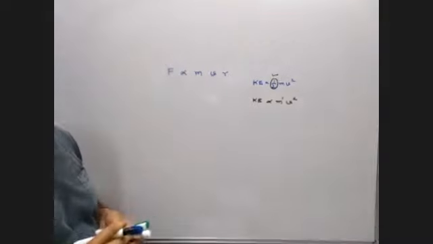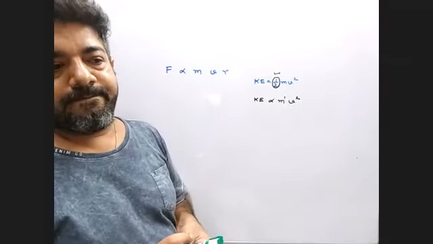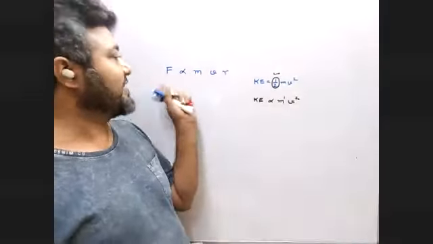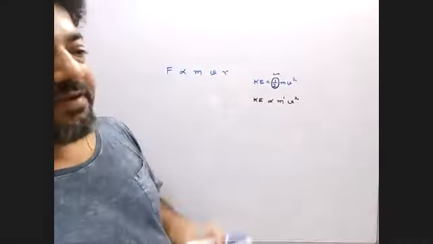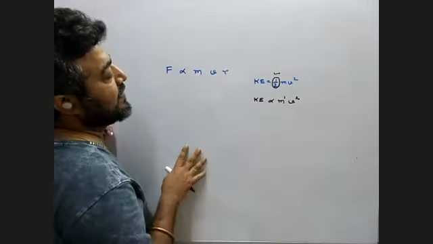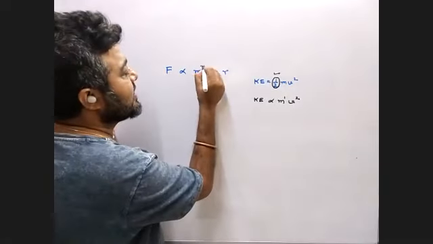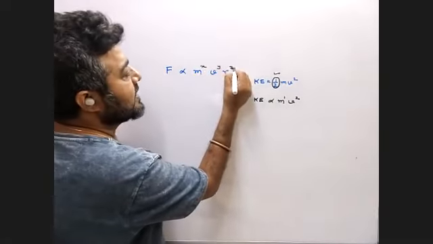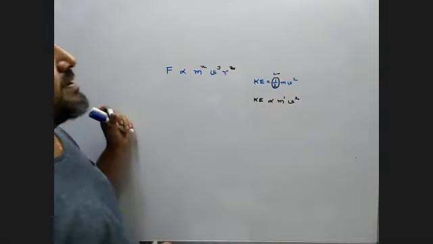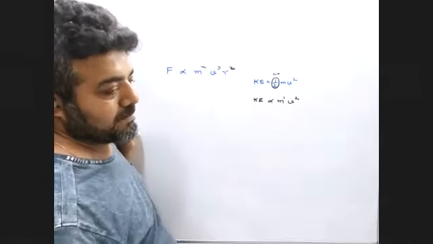Is it clear? Yes, sir. But in the equation which we want to derive, we don't know what is the power of m, what is the power of v, what is the power of r. So we can suppose them to be x, y, z. Can we write it as x, y, z? Because we don't know, and by using this equation we can try to find out. Is it clear?